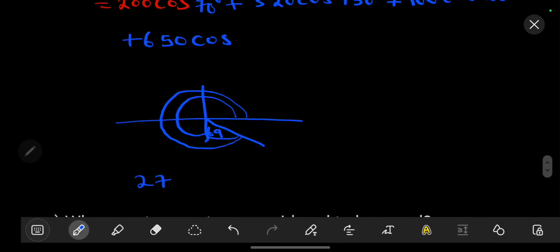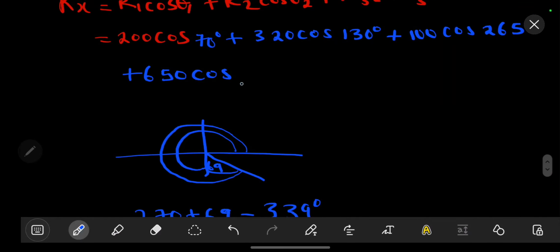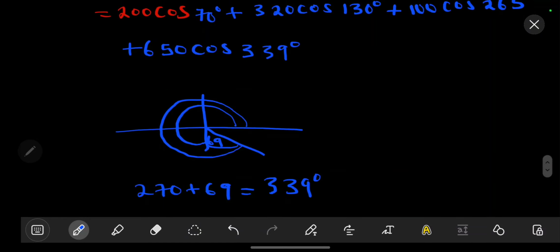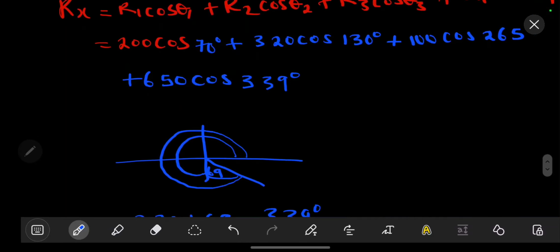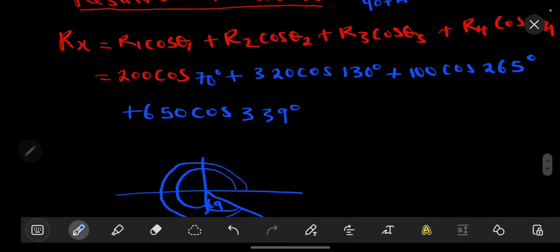Our 270 plus our 69 will give us a value of 339 degrees. So this is what we are going to put here, 339 degrees. That's our angle measured from the positive x-axis. So what we are going to do now is add them up.